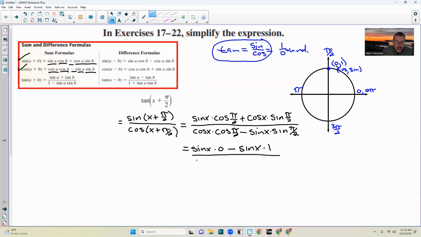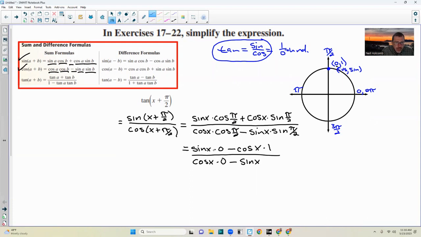All divided by the cosine of x times the cosine of pi over 2, which is 0, minus the sine of x. Okay, I made a mistake here. I try not to, but it's tough. Sine of x times cosine of pi over 2 is 0. This is not supposed to be sine. This is my numerator: cosine x times sine of pi over 2, which is 1.